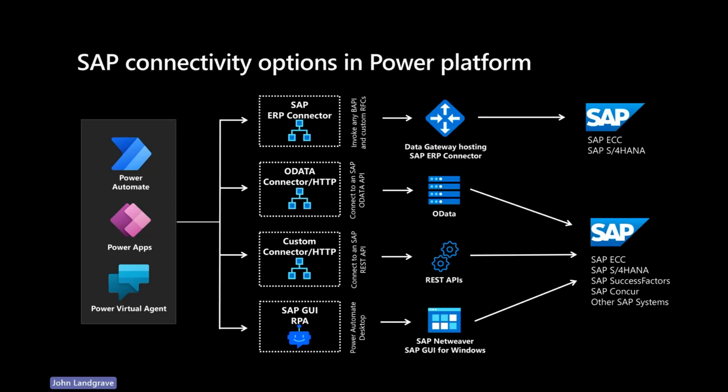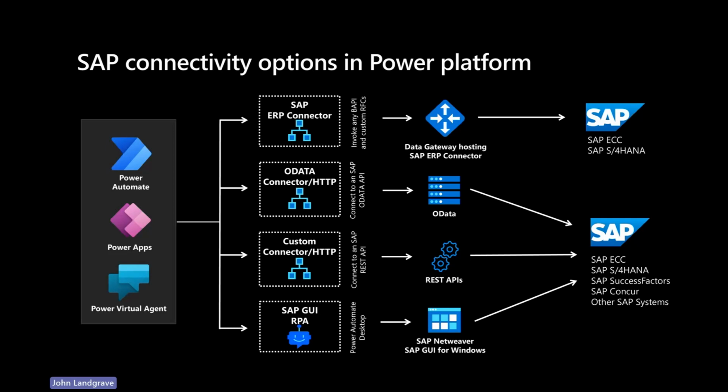So we do give you the ability to use the OData connector over HTTP, and an SAP infrastructure architect has to go into SAP and configure the OData endpoints and the security on those endpoints and the type and shape of data that gets returned from those endpoints. So by default, you can't just fire up Power Platform and start hitting an SAP server or a SuccessFactors server.